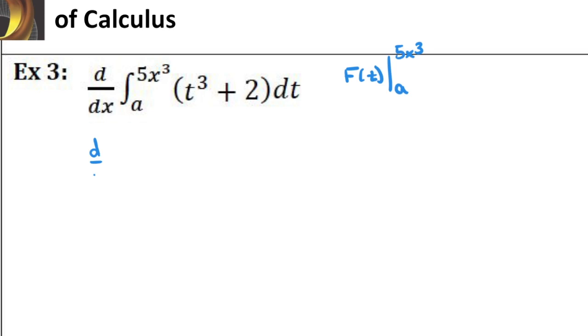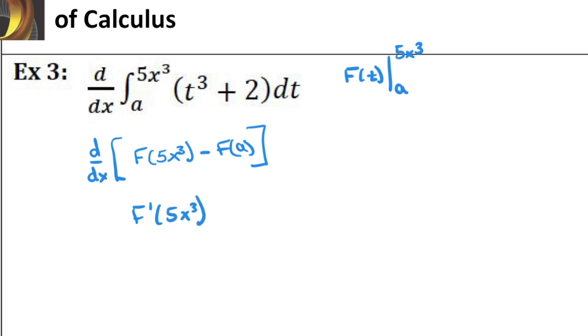So now, if I find a derivative of my function, I'm going to first substitute in f of 5x cubed minus f of a. But then when I find the derivative of the antiderivative, I get f prime of 5x cubed multiplied by 15x squared using the chain rule, and then a derivative of 5a.